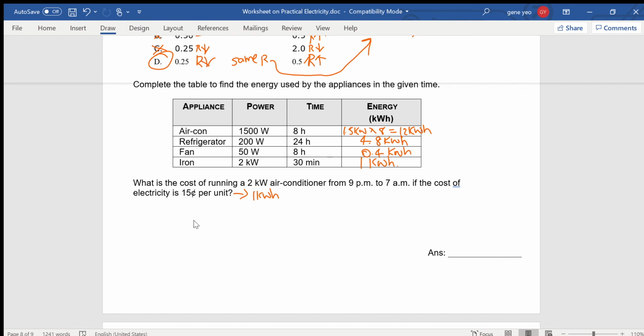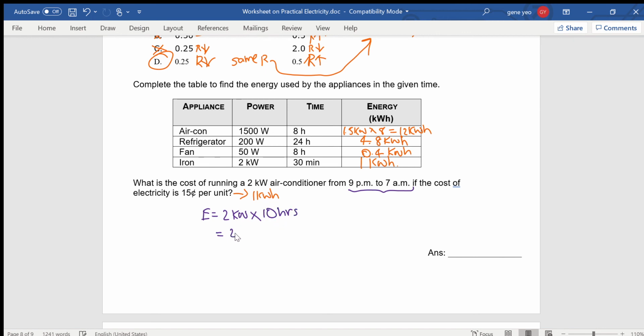Okay, so first let's find out our kilowatt hour. So the energy is 2 kilowatts and the time that it is on 9, 10, 11, 12, 1, 2, 3, 4, 5, 6, 7, 10 hours. 10 hours.